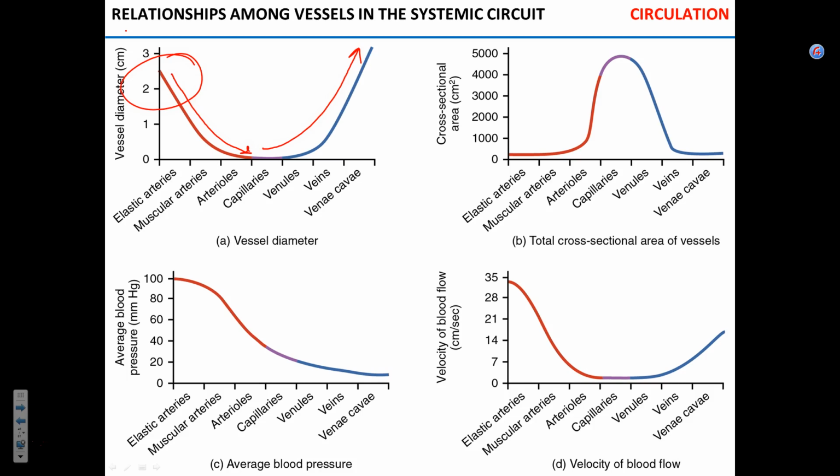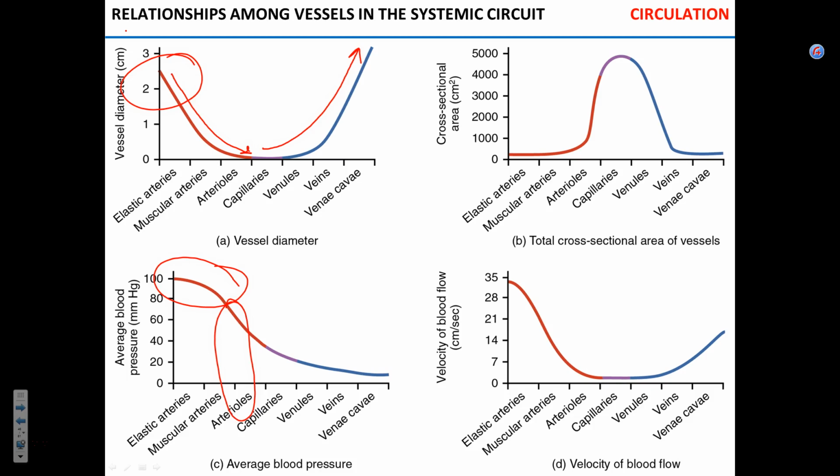Now, second thing is blood pressure. So look at this. Blood pressure in the elastic arteries decreases not very steeply. Can you see that? It's almost constant. But then as the blood enters muscular arteries, and especially arterioles, blood pressure drops quite precipitously. This is why we call arterioles resistance vessels.